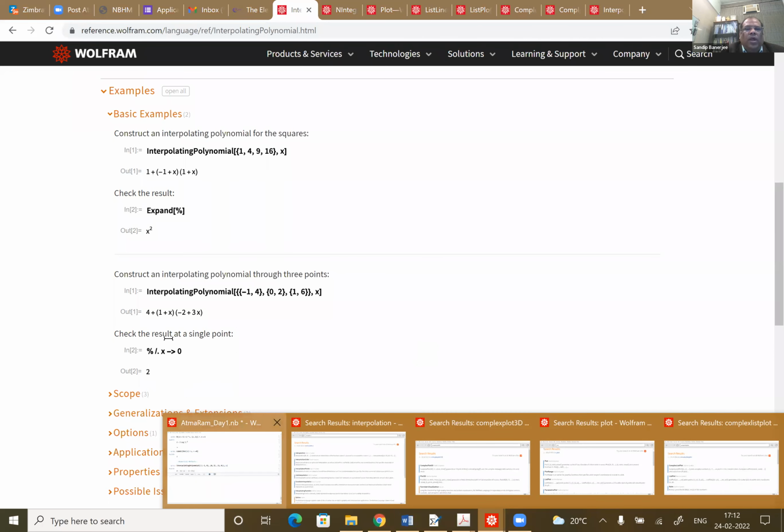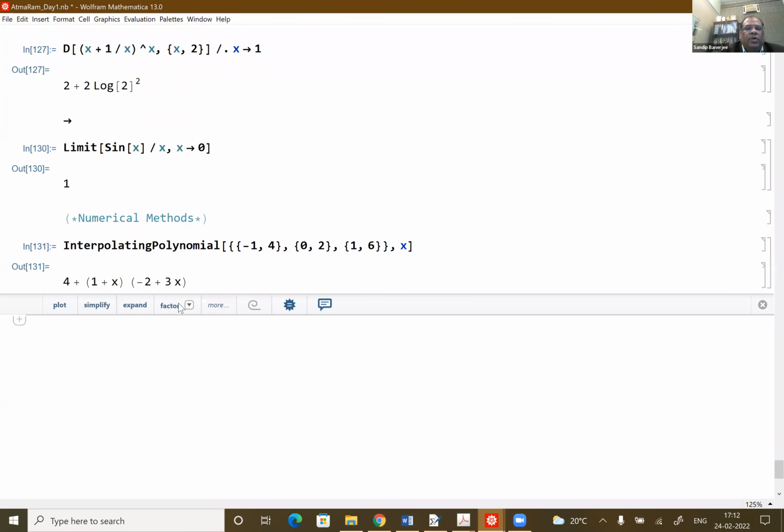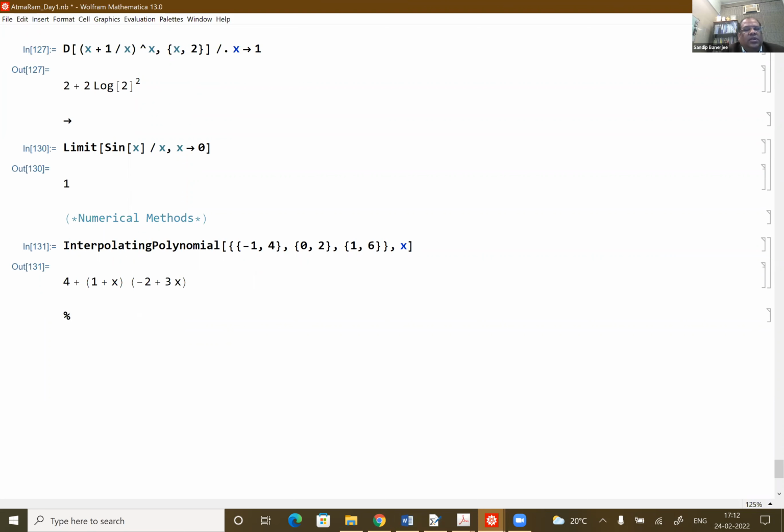Now, there are many ways. Another way is, suppose I want the value of this polynomial at x equal to 1.1. Then the command is a percentage. This percentage will only come just after this result, meaning percentage will take this particular output.